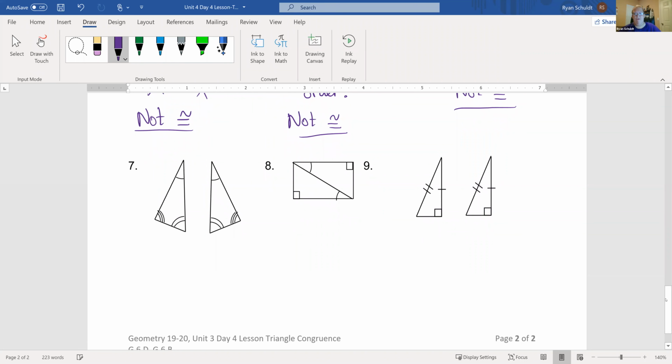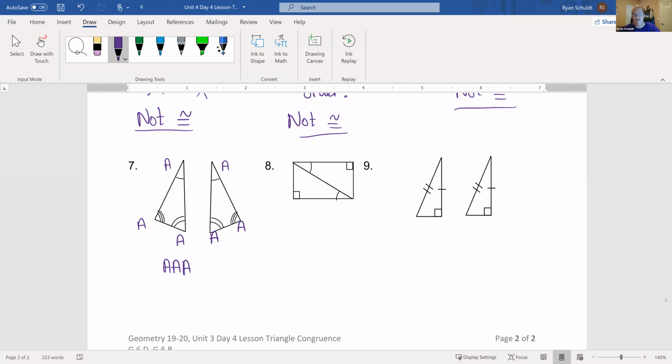And then the last one, last row, number 7. Let's see, I have A. So I got that pair of angles. I got another pair of angles. I've got a third pair of angles. So you're probably going to say, oh, this is AAA.